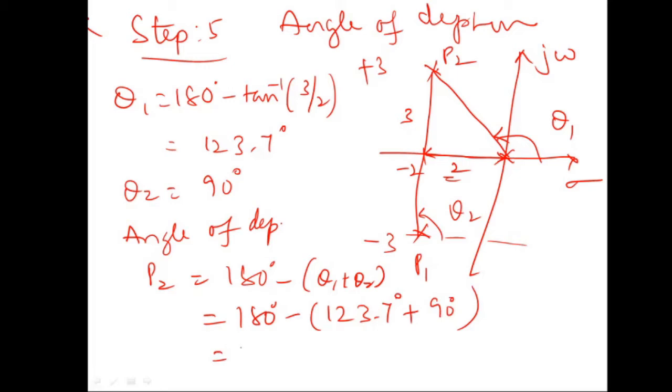Sum it and subtract it from 180, and you get around 33.7 degrees. So this is the angle of departure at P2, and it is a negative angle, minus 33.7 degrees. And the angle of departure at P1 will be the negative of the angle of departure at P2.